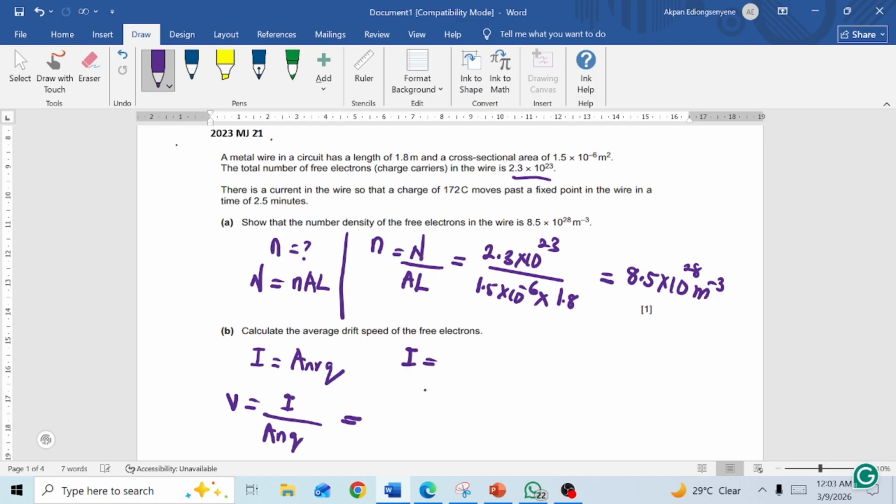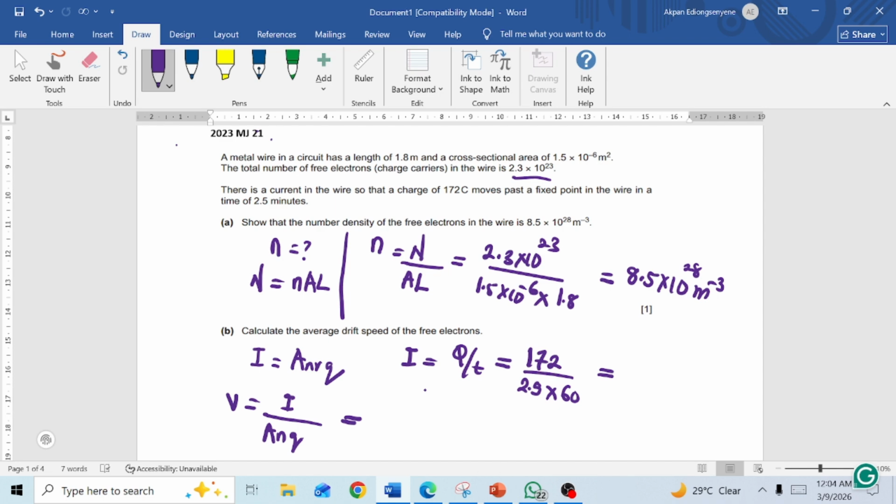Current equal to charge over time. This will give us charge, which has been given to us as 172, divided by time, 2.5 minutes. We have to change it to second, 2.5 times 60. This will give us the current. We can move it to this point.